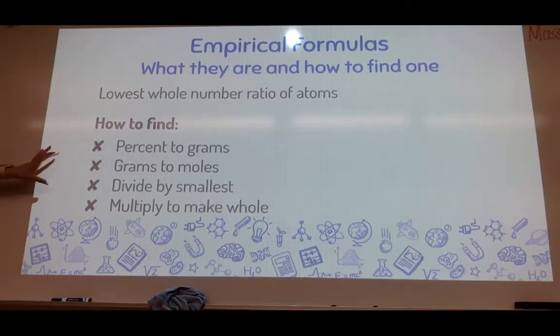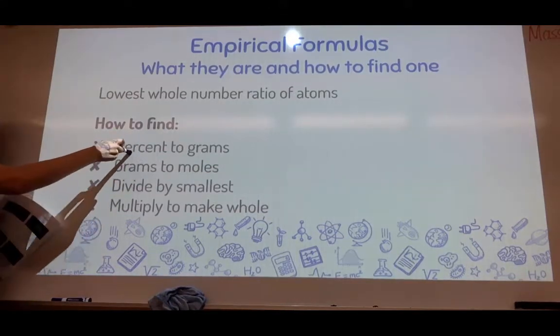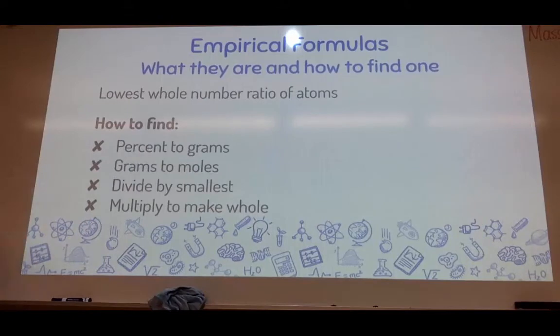So usually we do this up here: percent to grams, grams to moles, divide by the smallest. The whole point is to find the ratios of every atom to each other. And so if you're given percent to start, this is where you start. If you're given grams, we can just start with grams to moles.